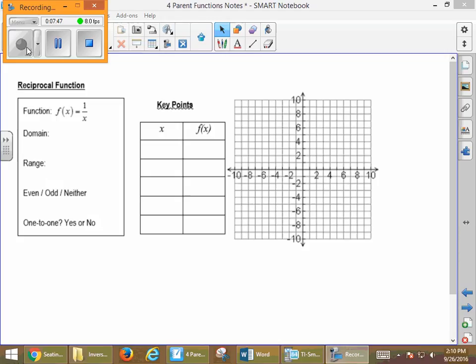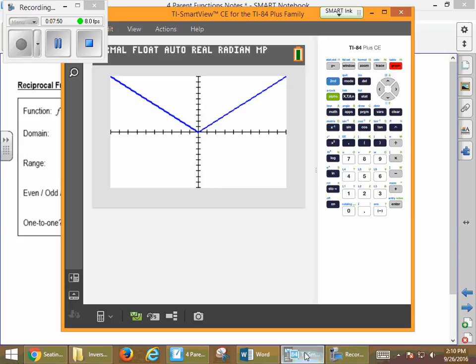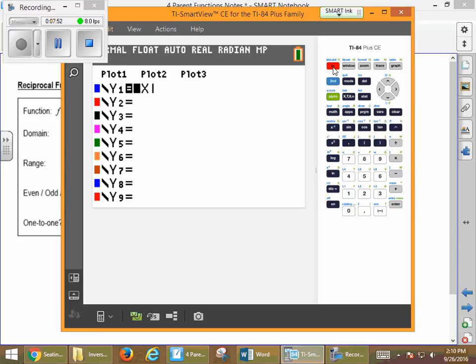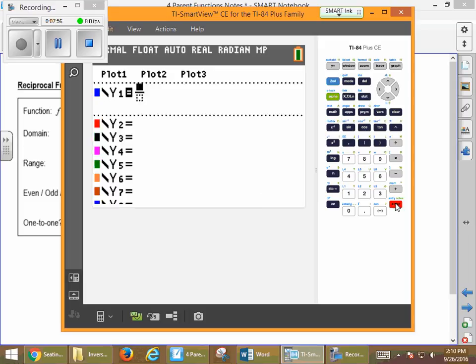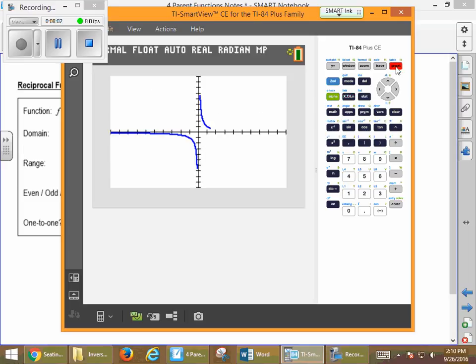So let's type in y equals 1 over x. So we can go to alpha, y equals n1 divided by x. And we can look at our picture here. Looks something like that. But really, we're going to have to draw it on our paper, so let's go to the table.